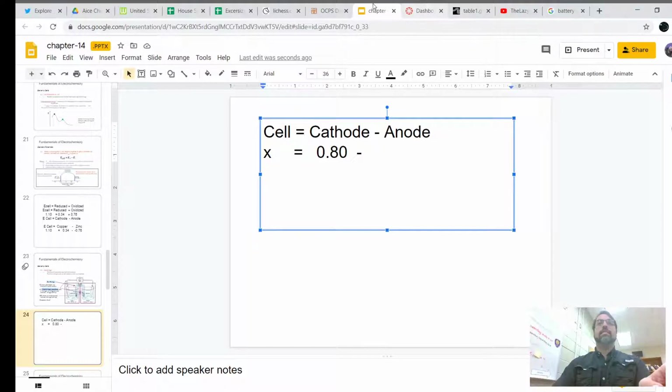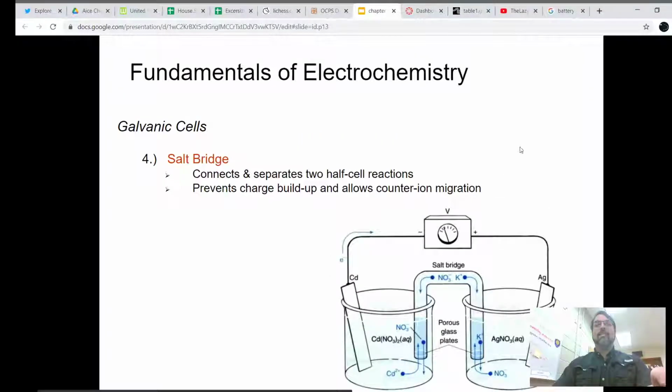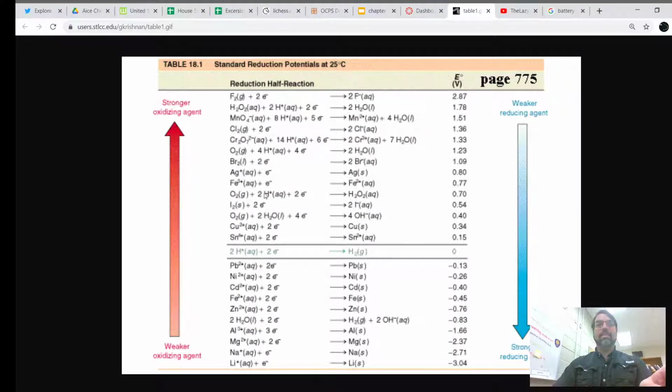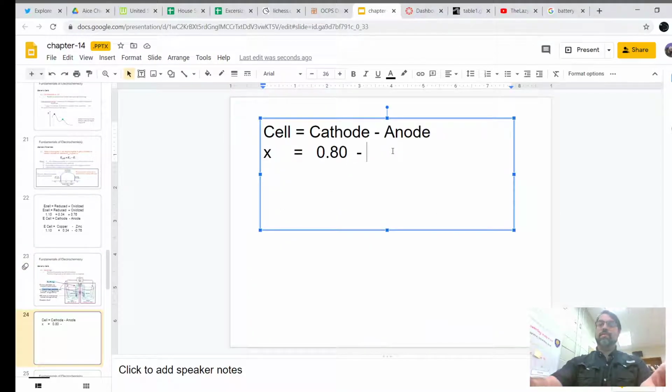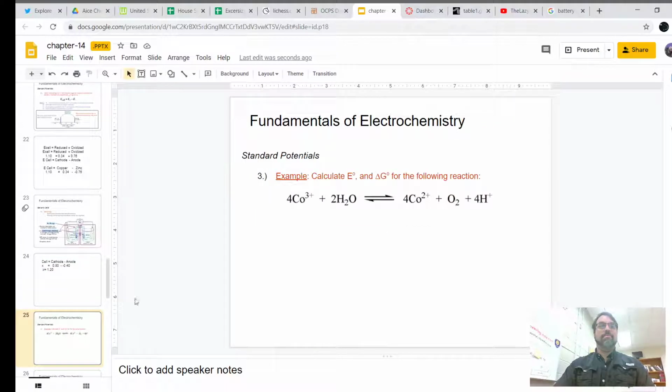Our anode is cadmium, so let's find it. Cadmium is negative 0.40. So we'll subtract negative 0.40, and then X is going to equal 1.20. So this is a pretty good battery. This is giving us 1.2 volts.